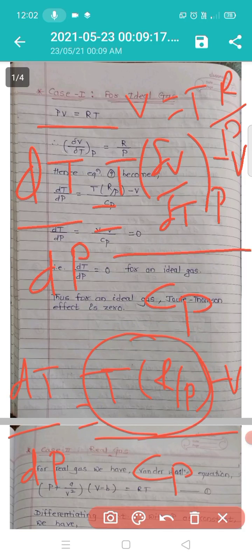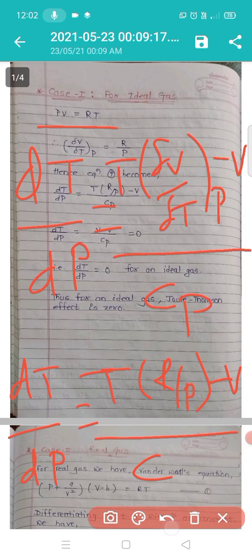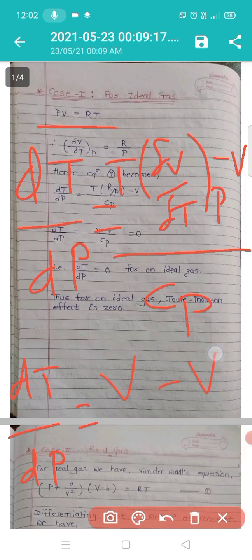T into R by P is V. Hence we get (V − V)/Cp, so dT/dP = 0. V minus V is 0. This is in the case of an ideal gas.